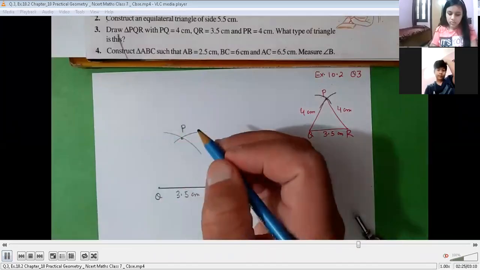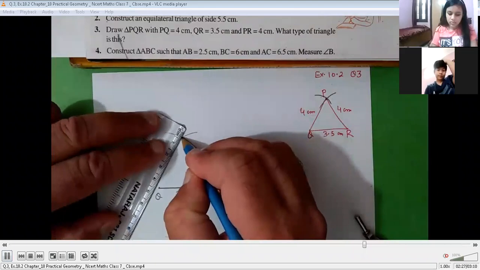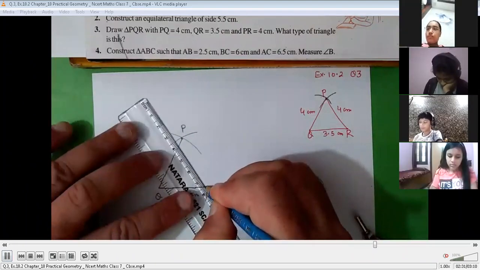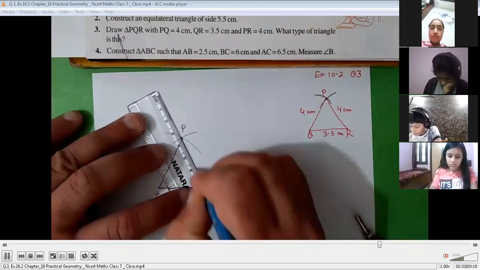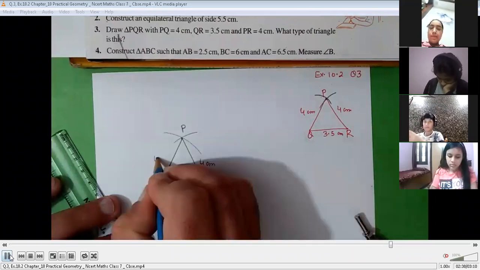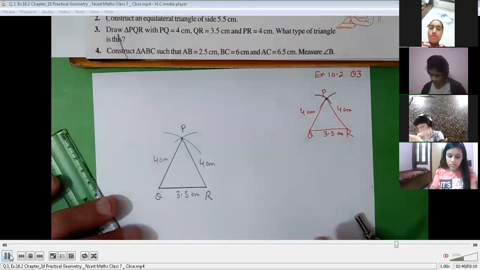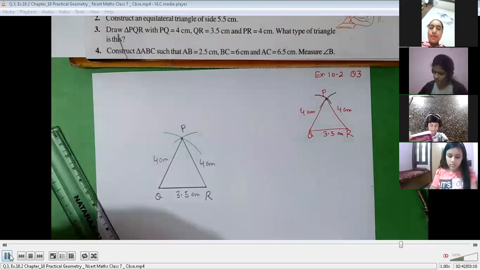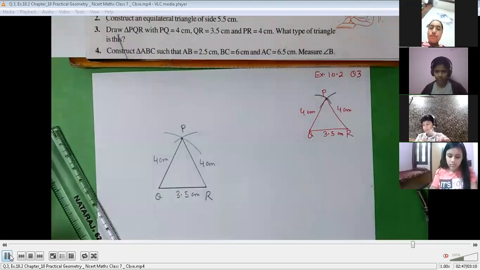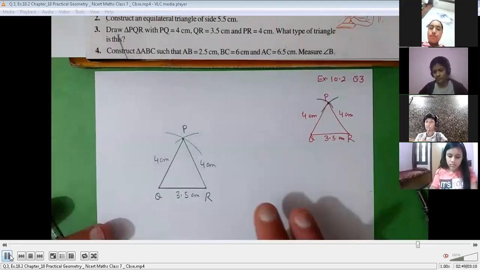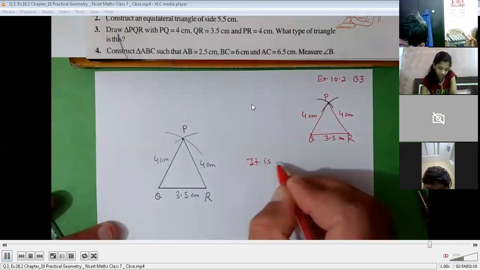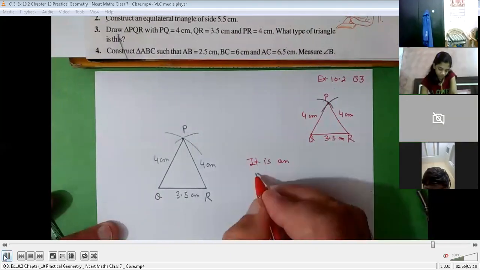Now we'll mark it as point P and join it, PQ and PR, and mark them as 4 centimeters, because both the sides are of 4 centimeters. When two sides are equal and one side is unequal, the type of triangle is isosceles. It is an isosceles triangle.